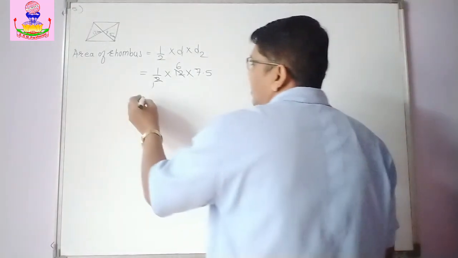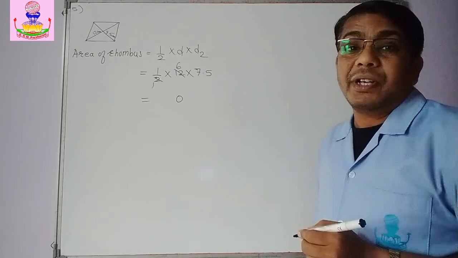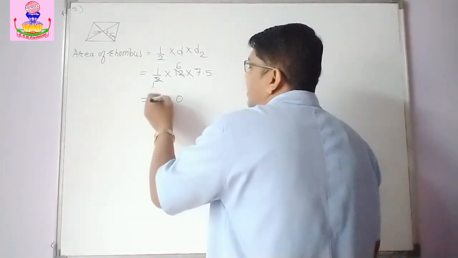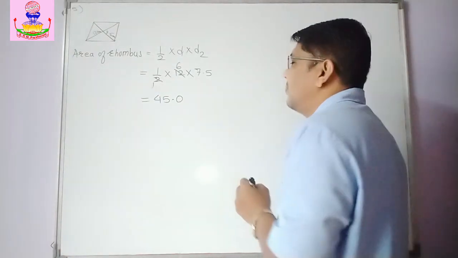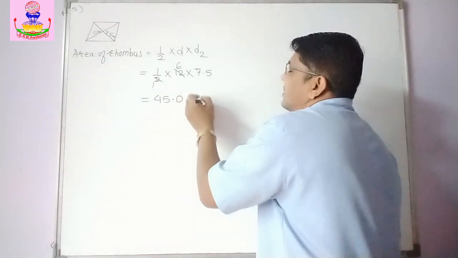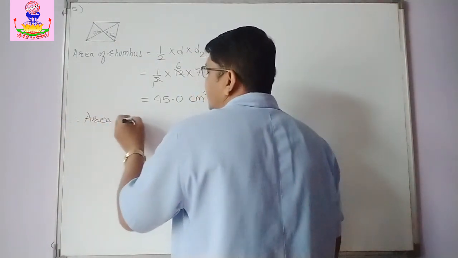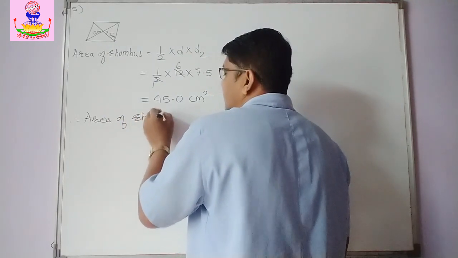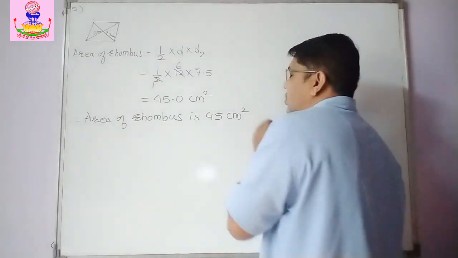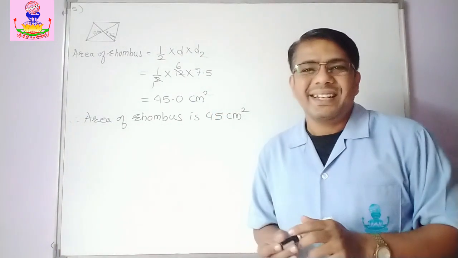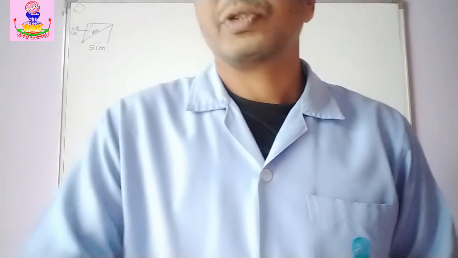So 6 into 7.5, so 6 fives are 30, 3 carry on, 6 sevens are 42 plus 3, 45. Decimal point from the left hand side after one digit. So 45 is the answer. Therefore area of the rhombus is 45 centimeter square.